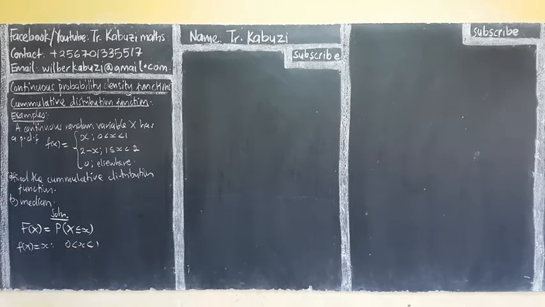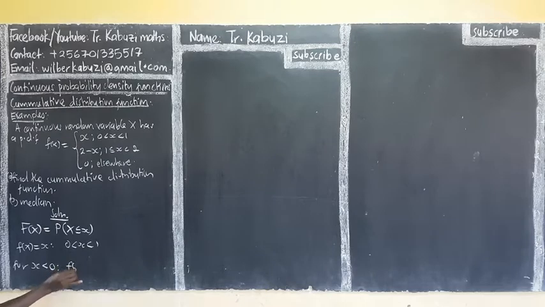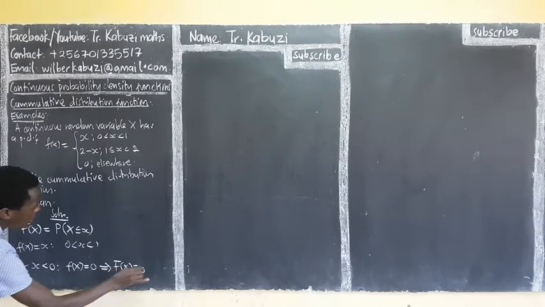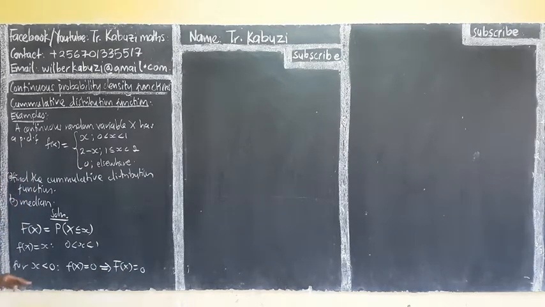So when we analyze below 0, we analyze below the first interval. So for x below 0, we said that below 0, our f of x is 0 if you are not in this interval. So our capital F of x is going to be 0 in that interval.